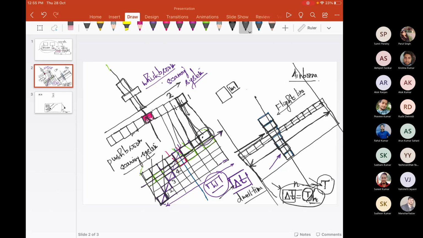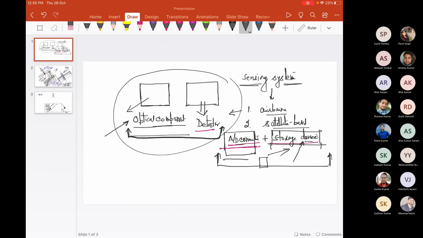Considering the second case where we don't have an optical component, so this optical component is not there. We cross it. We have only detector, not single detector. We have multiple detectors. If I write over here, push broom system, and just see the difference.